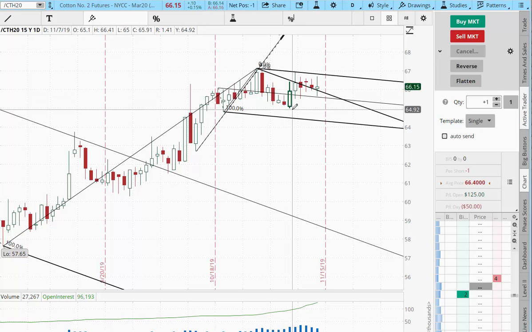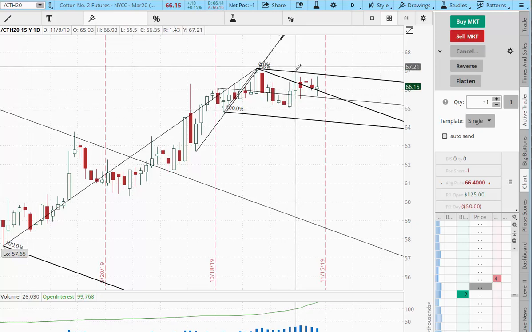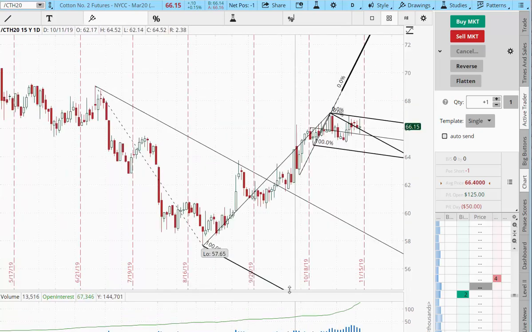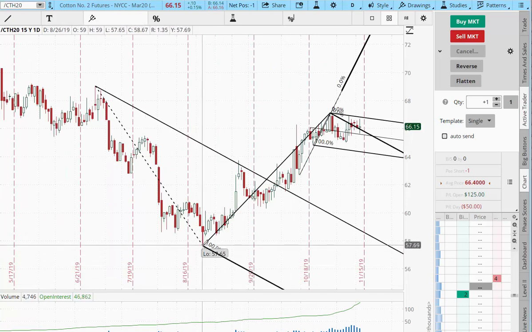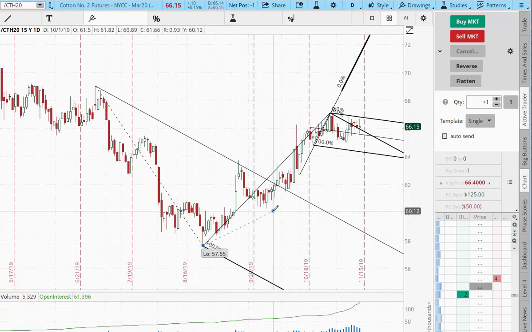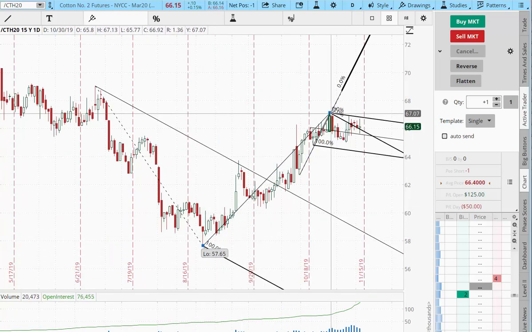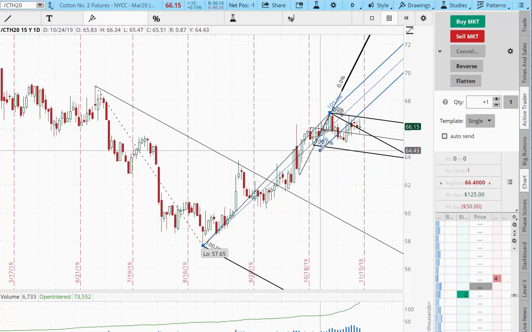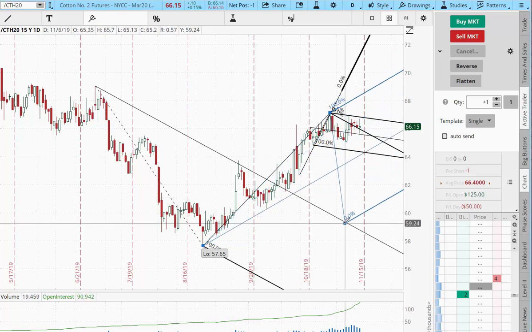Okay. So we have 1, 2. Now we're going to do 3, 4, 5. We're in R1 line. We'll see what happens. Prices don't always make it to the R1. Now, you could argue that that's an R1 line, but I wouldn't.